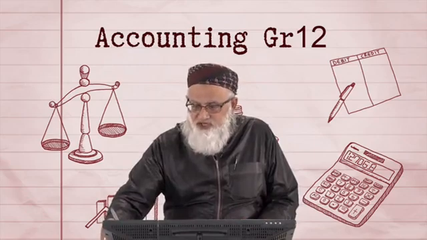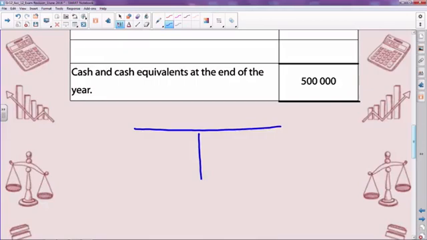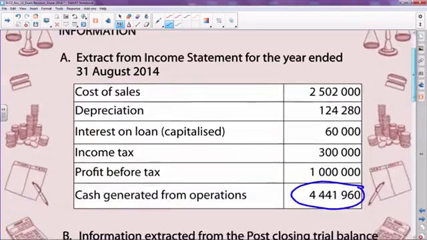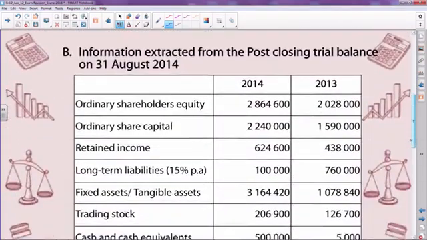What I find the easiest when we're working out taxation paid is the following. Watch. It's your SARS income tax account. Step number 1. A cash flow statement, grade 12s, is about procedure. Step number 1, find your opening balance for SARS income tax.